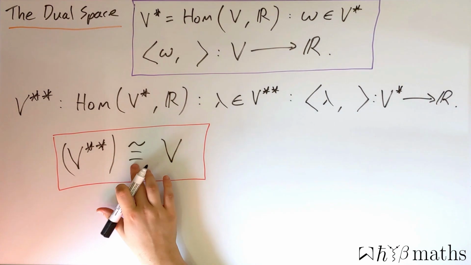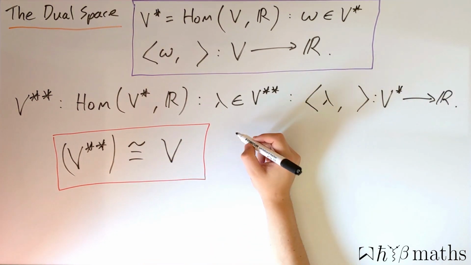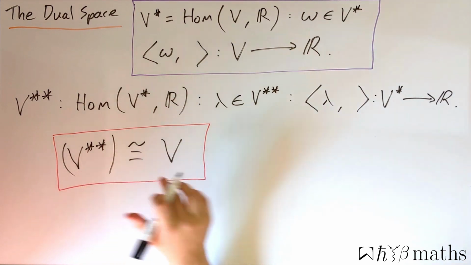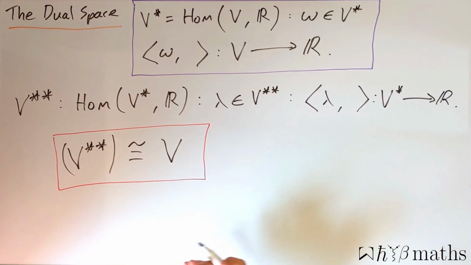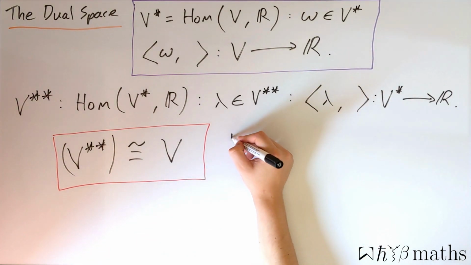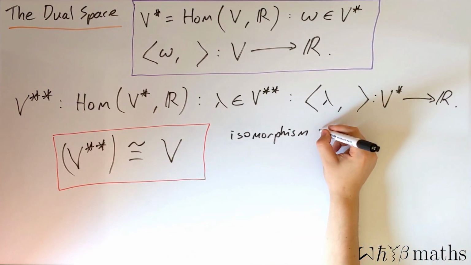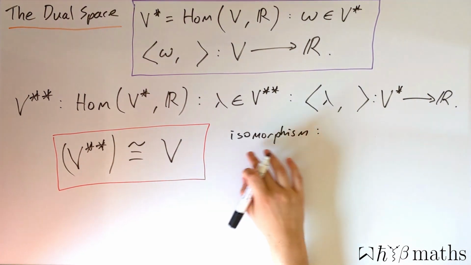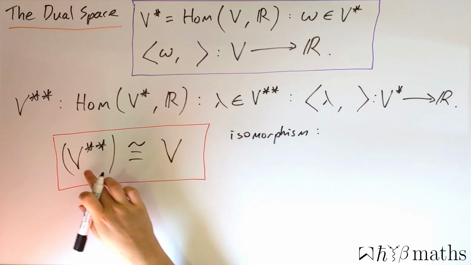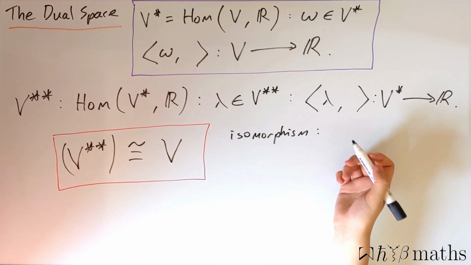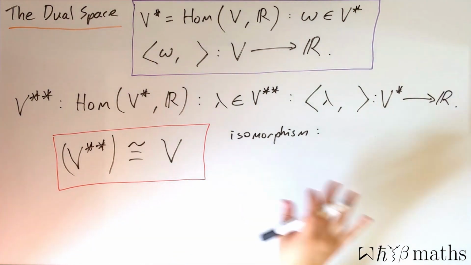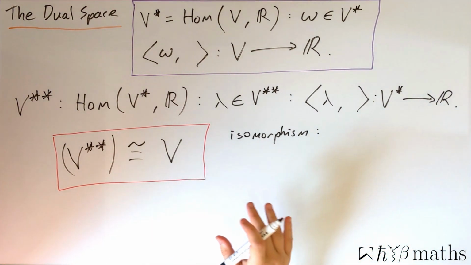But this isomorphism essentially means that we can make no distinction between the elements of V and V double dual. They are, in a sense, the same, because we can construct an isomorphism, which just means an invertible map, meaning that we can go freely between V and V double dual, and the underlying structures, the underlying operations are the same. So this is just a bit of abstract mathematical nonsense.